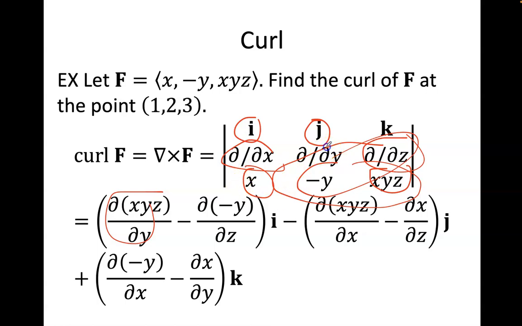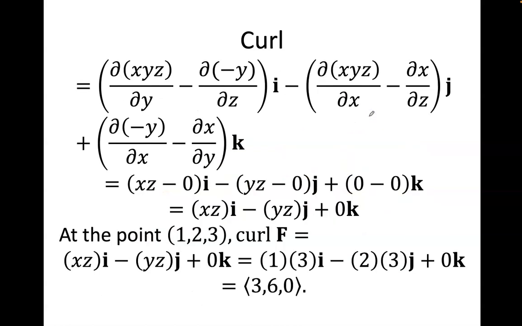And k is going to be this determinant: the partial derivative of negative y with respect to x minus the partial derivative of x with respect to y. So this minus this, and that's times k.